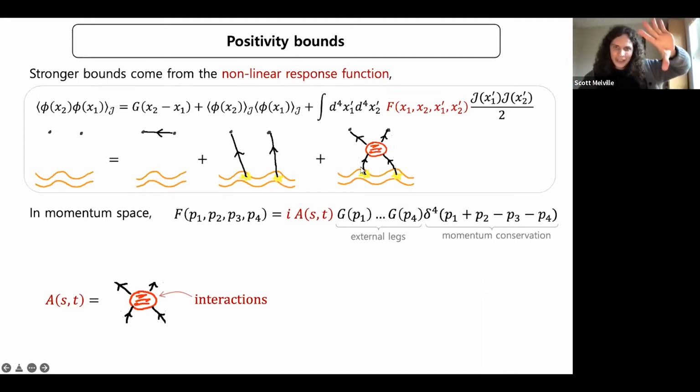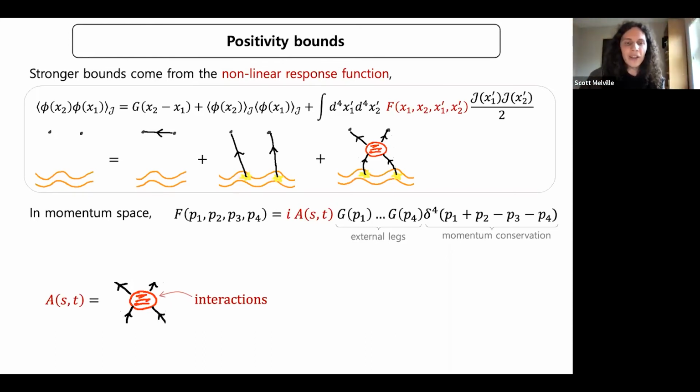Each of those legs of this diagram are going to look like one of these linear Green's functions that we wrote down before. So you can strip all that stuff out, and what you're left with is some residual part, which we call i times A. A is the scattering amplitude, and in terms of these diagrams, it looks like just the interactions that you have in your space-time with all of the external legs chopped off.